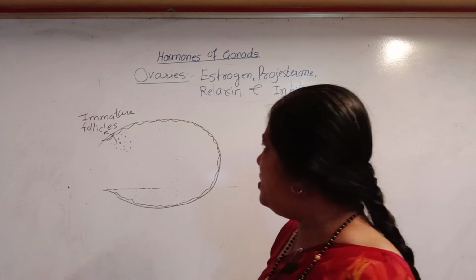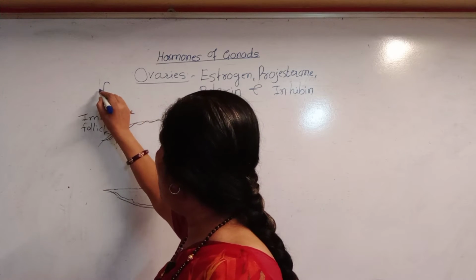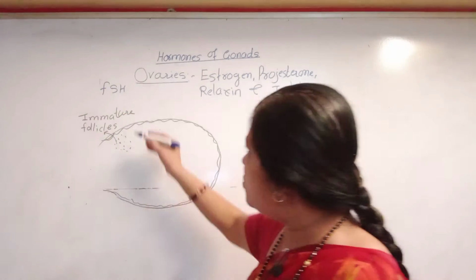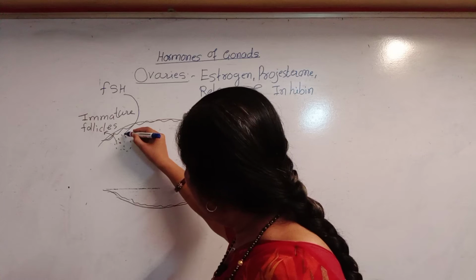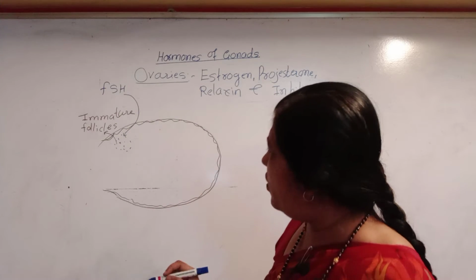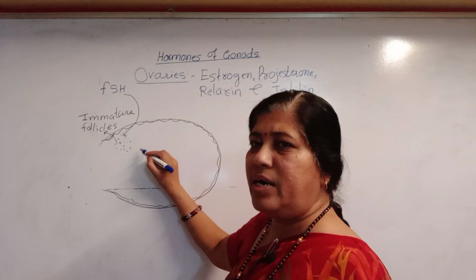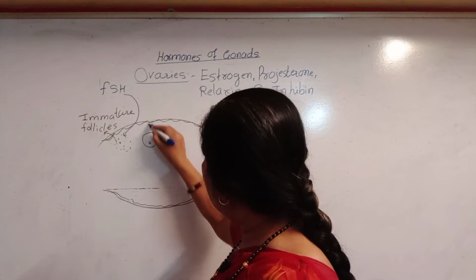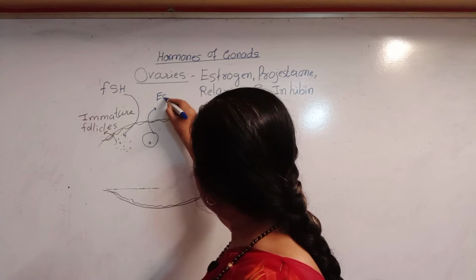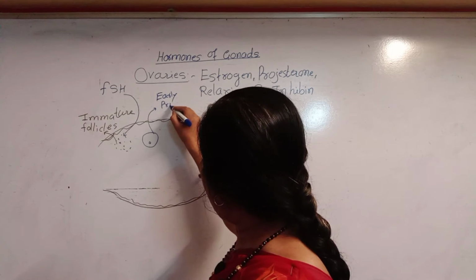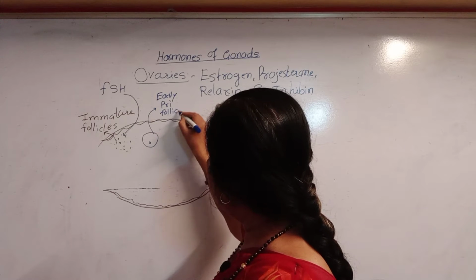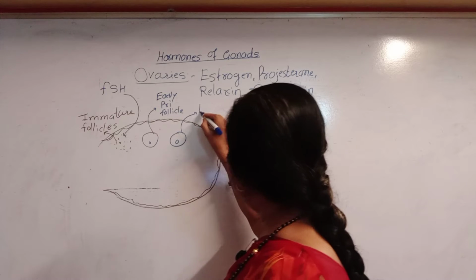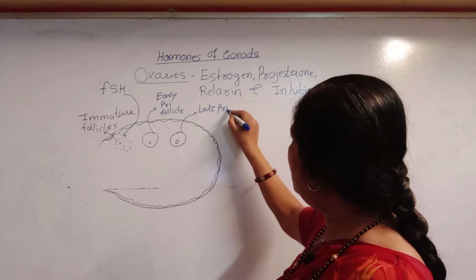So when pituitary secretes FSH hormone, that is follicle stimulating hormone, which we have already discussed, FSH stimulates one of the immature follicles, and then the immature follicle starts developing. The immature follicle converts into early primary follicle, then late primary follicle.